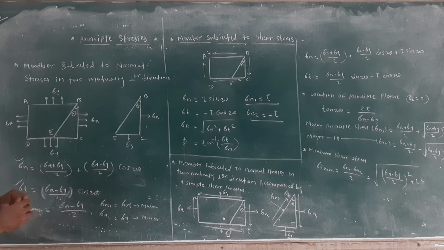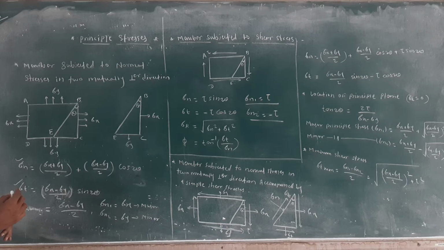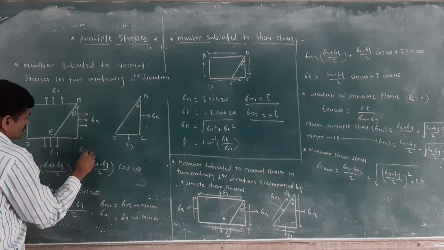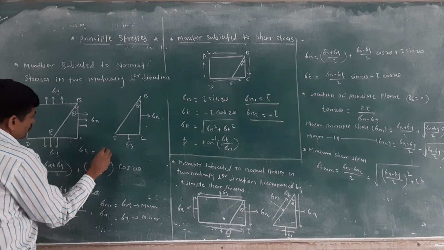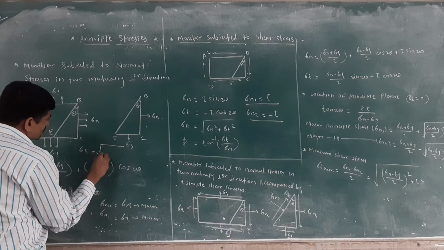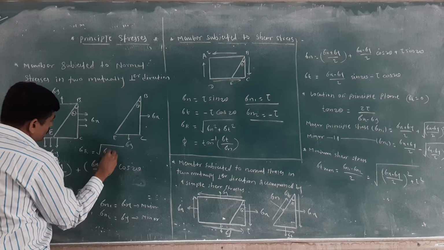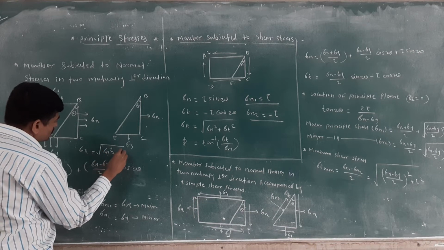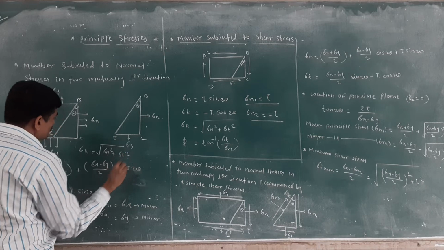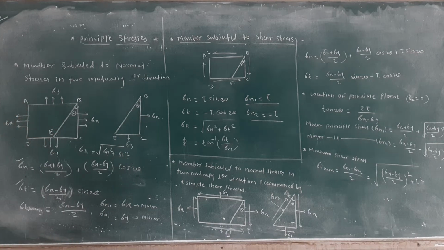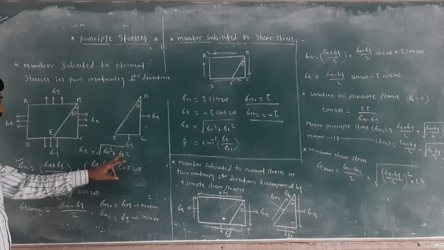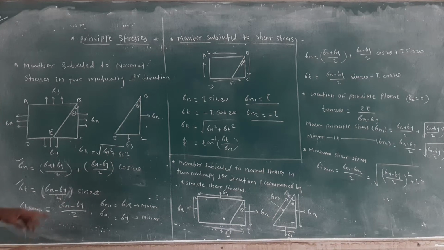Another two formulas are the same. Which two formulas? There is a resultant stress. Last lecture I explained how to calculate the resultant stress. Resultant stress is nothing but the root of sigma n square plus sigma t square, the resultant of the normal stress and tangential stress.